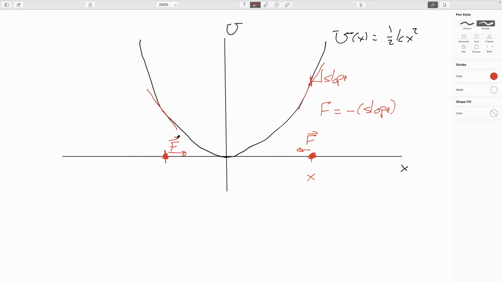So this is what we mean by a restoring force, by the way. This point right here is called the equilibrium position. And at the equilibrium position, the slope is 0. So if I have an object right there, it will feel no force acting on it at that location.